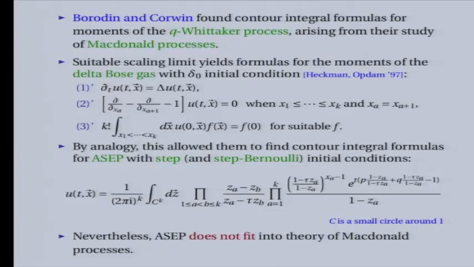But this only works in this case for step initial condition in Q-TASEP, which corresponds to running the KPZ equation with delta initial condition. And what they recover are formulas which were sort of known, and they come from Heckman and Opdam in the late 90s. So in a completely different language, they had formulas which looked like this, and they seem to arise from these Q-TASEP formulas.